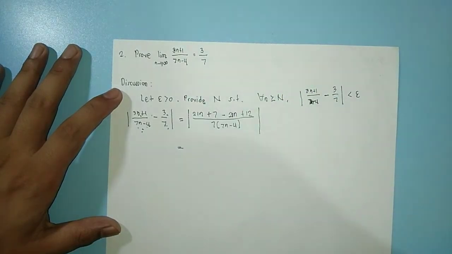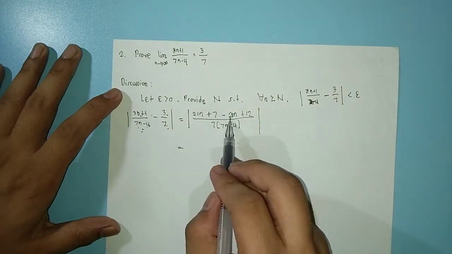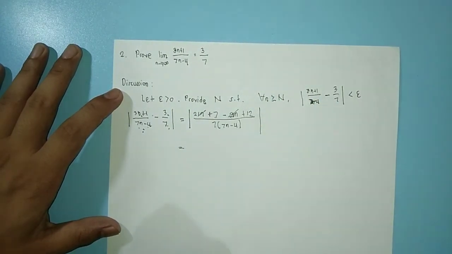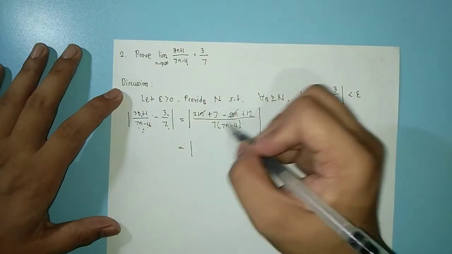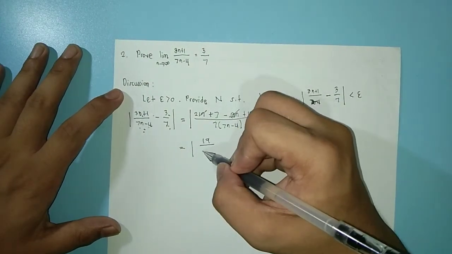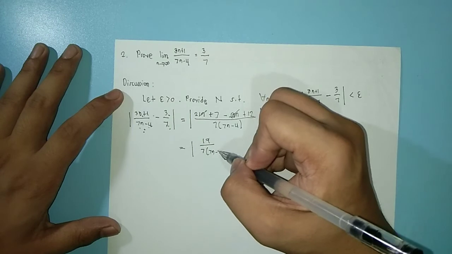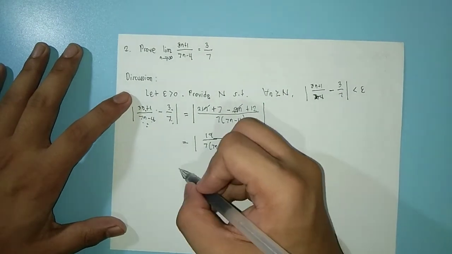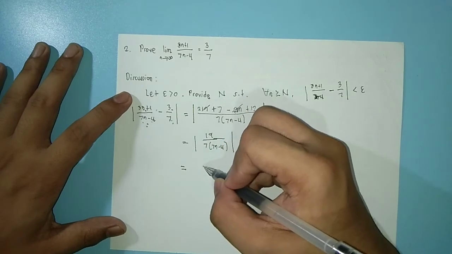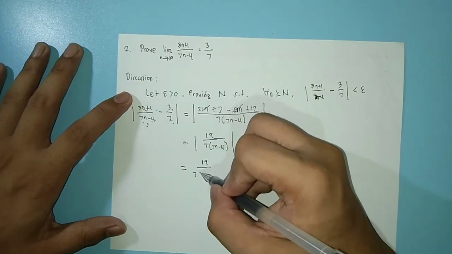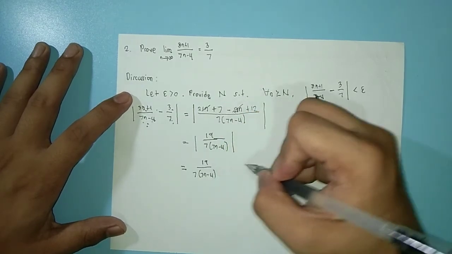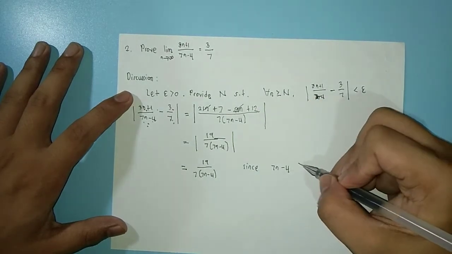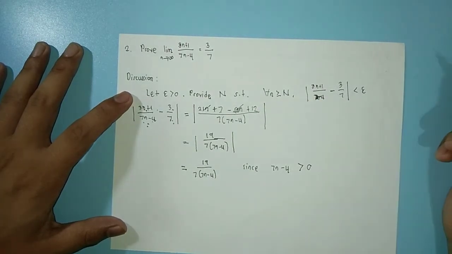So, this is equal to, yung 21n minus 21n, cancel yan. Ang matitira, 7 plus 12. So, what is 7 plus 12? That is 19 over 7 times (7n - 4). Then, this is also equal to 19 over 7 times the absolute value of (7n - 4), since yung 7n minus 4 ay greater than 0.